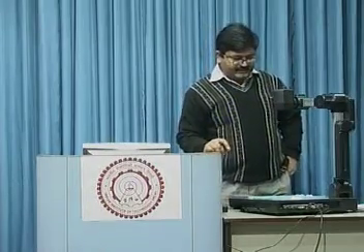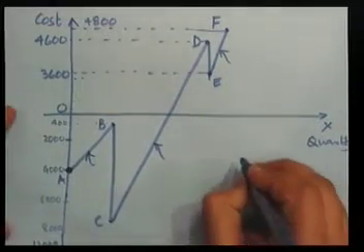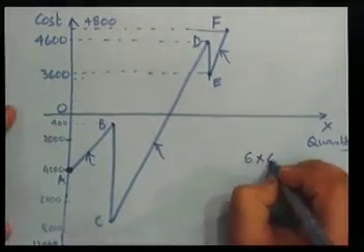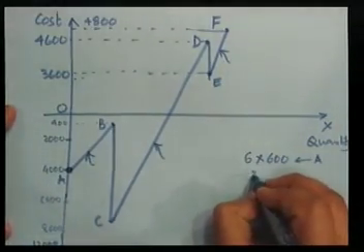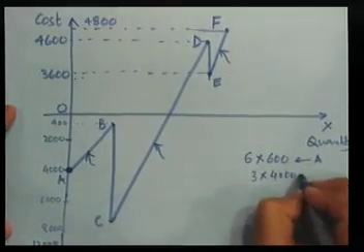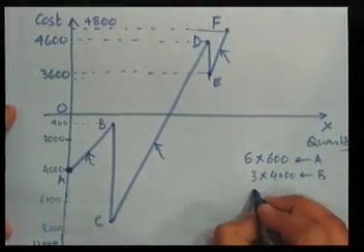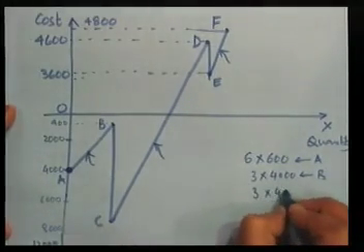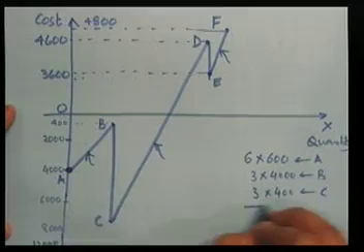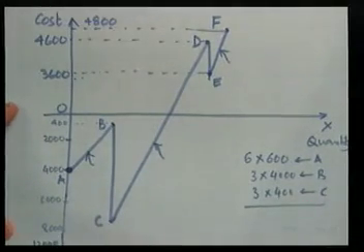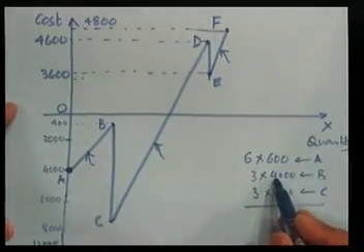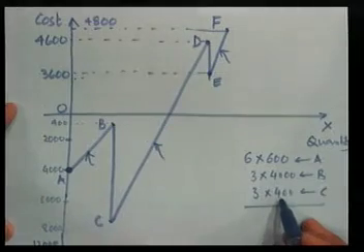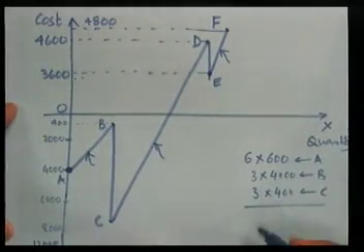Total contribution is going to be 6 into 600 from product A, 3 into 4,000 from product B and 3 into 400 from product C. How much is the total? 3,600 plus 12,000, 15,600, and plus 1,200, 16,800.